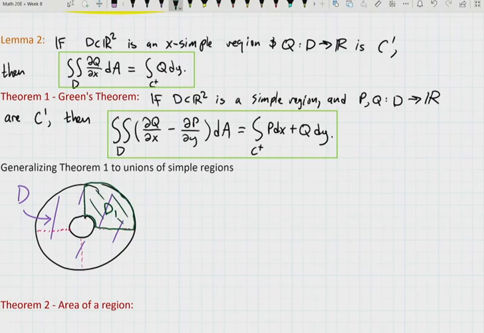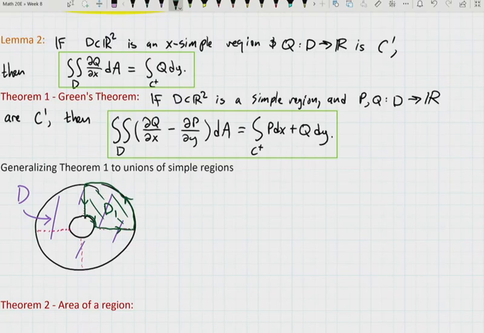Is D1 a simple region? D1 is simple, indeed. So Green's theorem applies to D1, where this is the clockwise, oops, sorry, that's the wrong direction, where this is the clockwise orientation of the boundary.